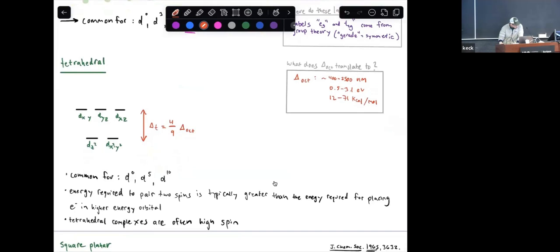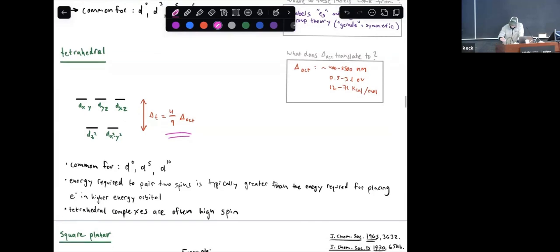And if you think this through, then you'll recognize that in a tetrahedral field, there's not as much running into as there is in an octahedral field. So the overall extent of splitting energy is diminished. It's less than half of the splitting energy in an octahedral field.